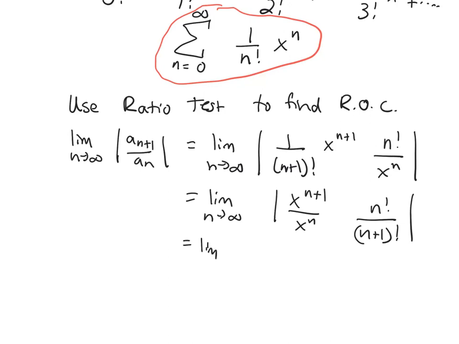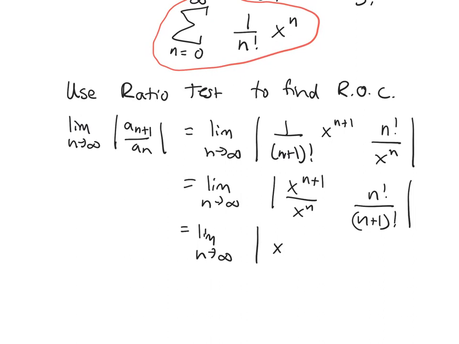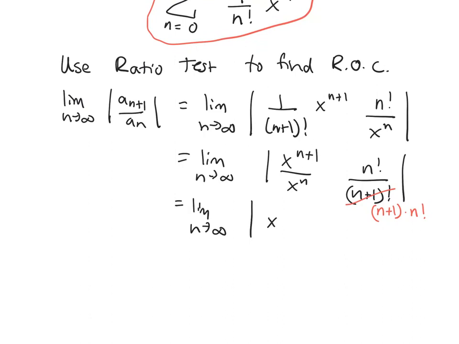What do I get for the first fraction when I simplify? x to the 1, x. And then those factorials, do you remember how to simplify the factorials? Rewrite (n+1) factorial as n plus 1 times n factorial, and now the factorials cancel.